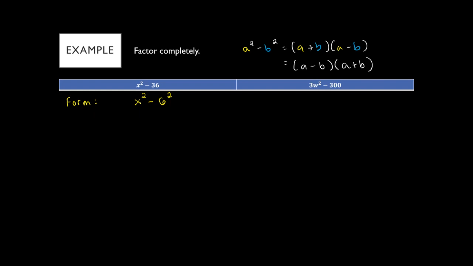So the location for a is going to be x, and what we're going to put in the spot for b is 6. So this factors, and I can put it in the form with a plus and a minus. We have x in the front, and because 36 is 6 squared, it's going to be 6 in the back. And that's your answer.